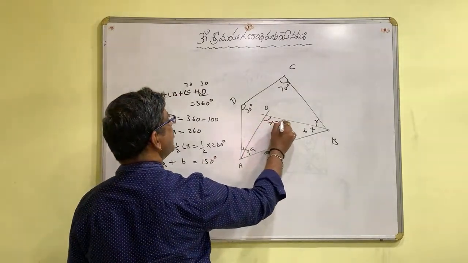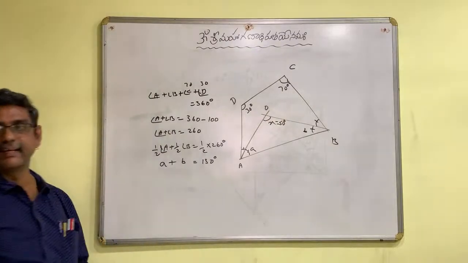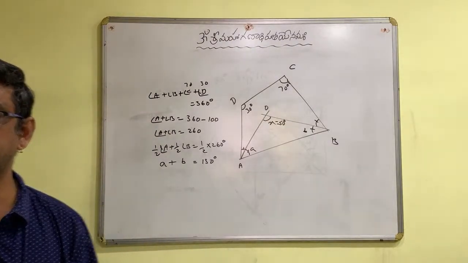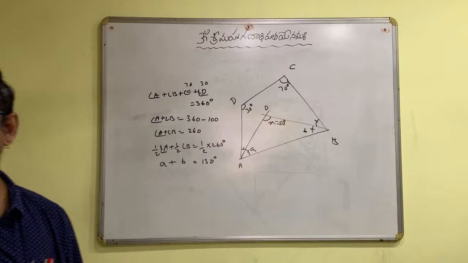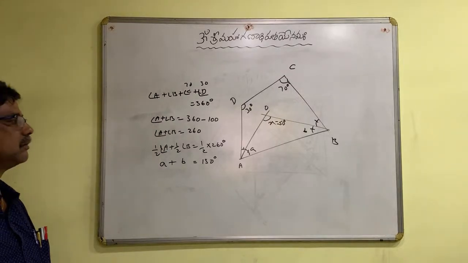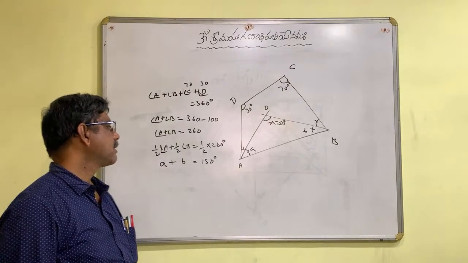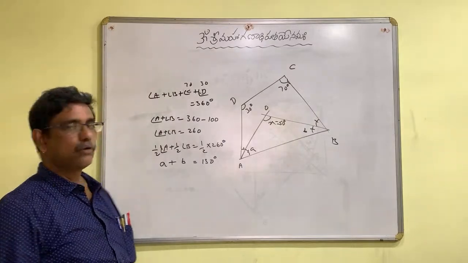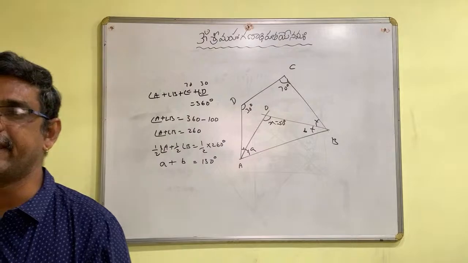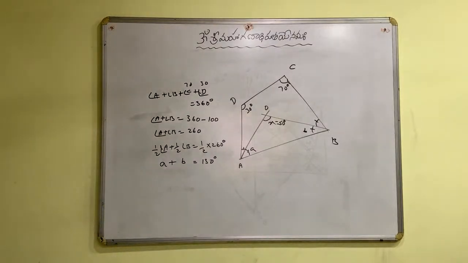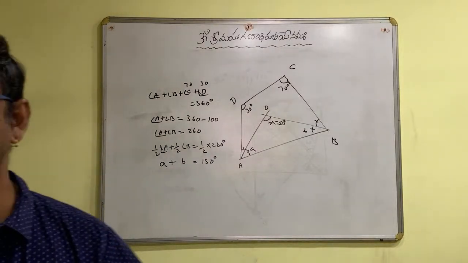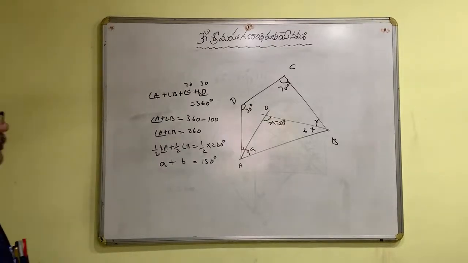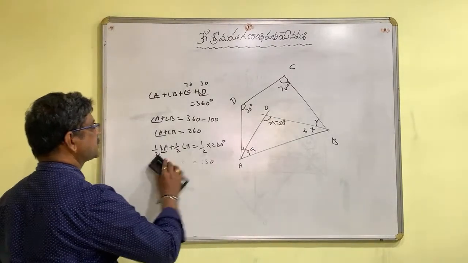Then this will be 50 degrees. Okay na? So angle AOB is 50 degrees. Next question.